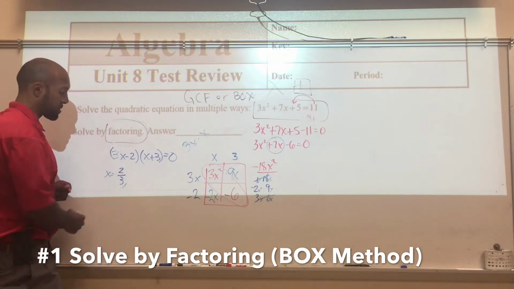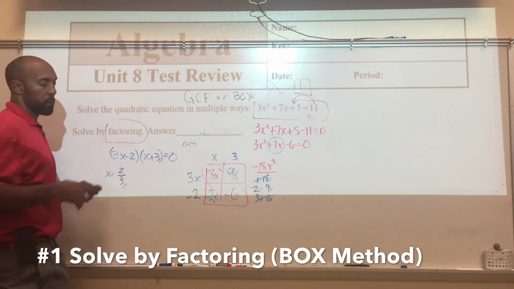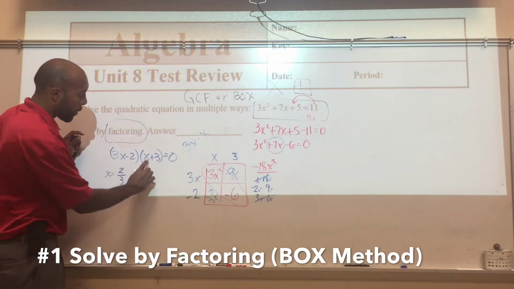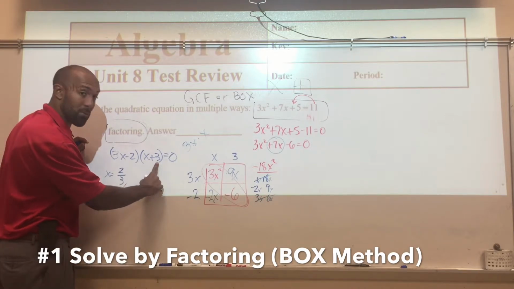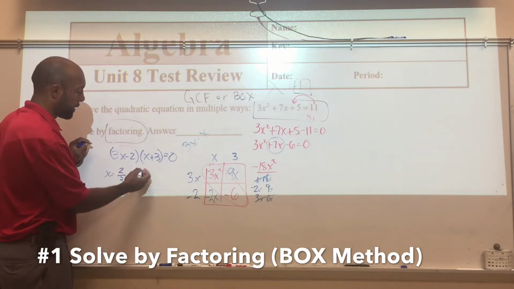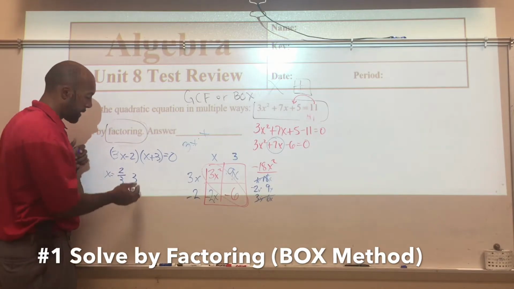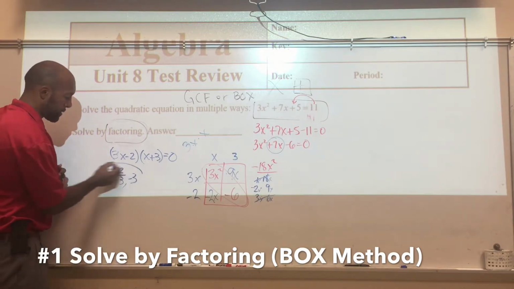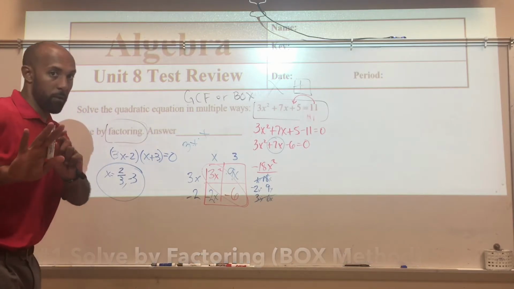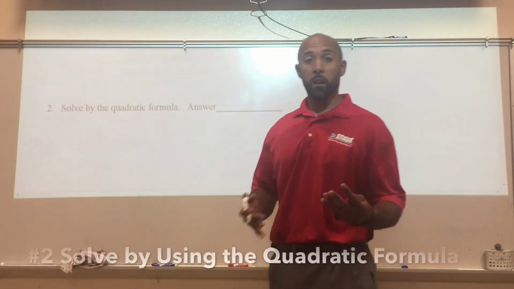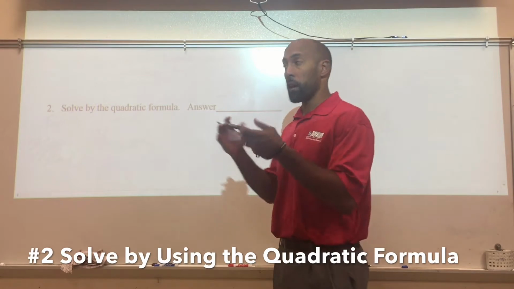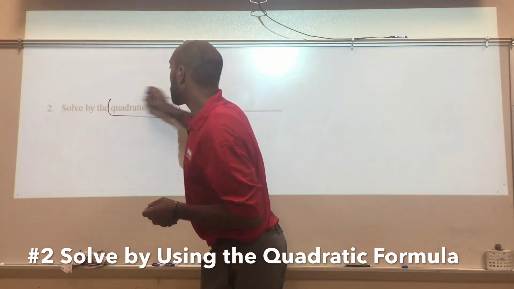That's your first solution here, your first root, x-intercept. Then what number plus 3 equals 0? Not 3, because 3 plus 3 is 6. So it's negative 3. There's your answer. Now we're done. Now we're going to solve the same problem again, but using the quadratic formula.